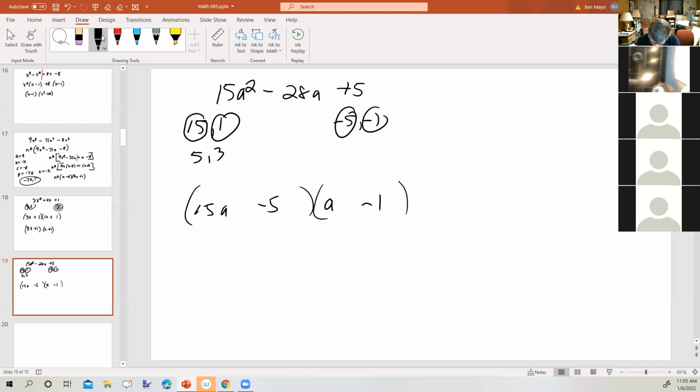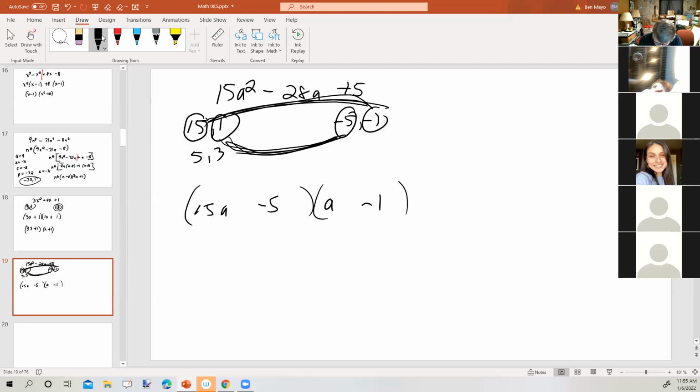Actually, I took this times that, which would be negative 15, and this times that would be negative 5, right? What's negative 15 plus negative 5? Negative 20. So here I'd have negative 15 plus negative 5, which is negative 20a.